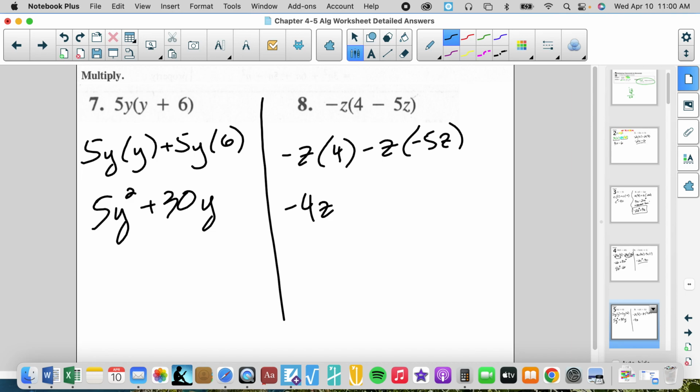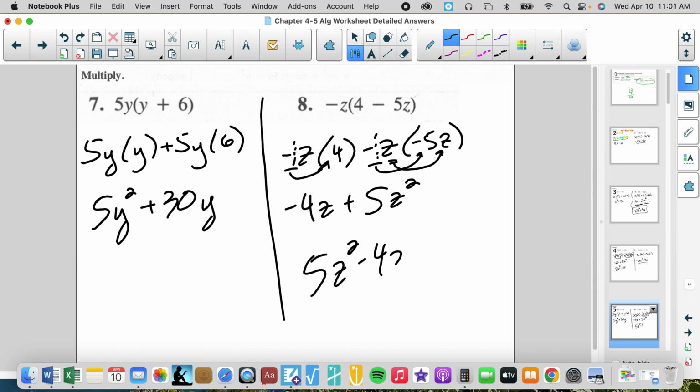There's an invisible coefficient of negative 1. Times 4 is negative 4, and then the variable. And we have negative 1z times negative 5, and z times z, which gives us positive 5z squared. Let's write it in standard form.